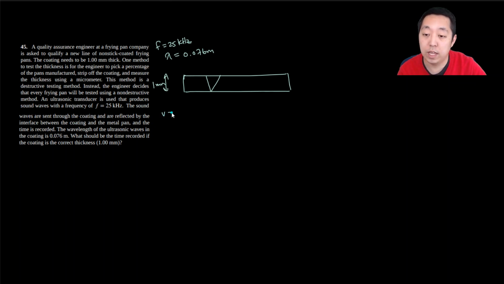So I can find the velocity of the wave, right? It's equal to lambda f. It's equal to 25 times 10 to the 3, because it's kilohertz, times 0.076 meters, which is 1900 meters per second. Now that's how fast the wave is going to travel. Velocity is distance over time, if it's moving at a constant speed.